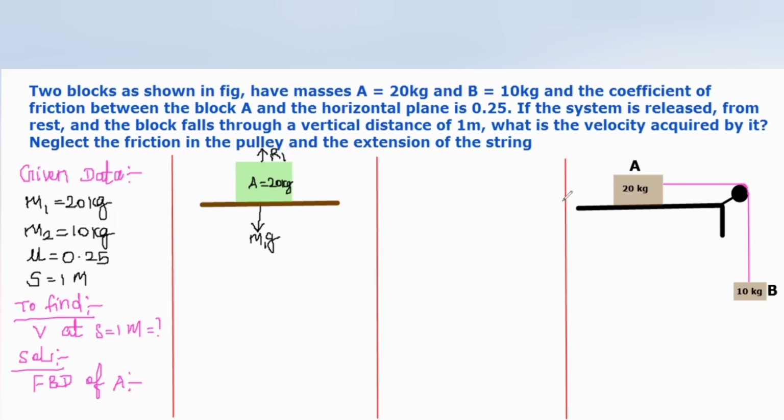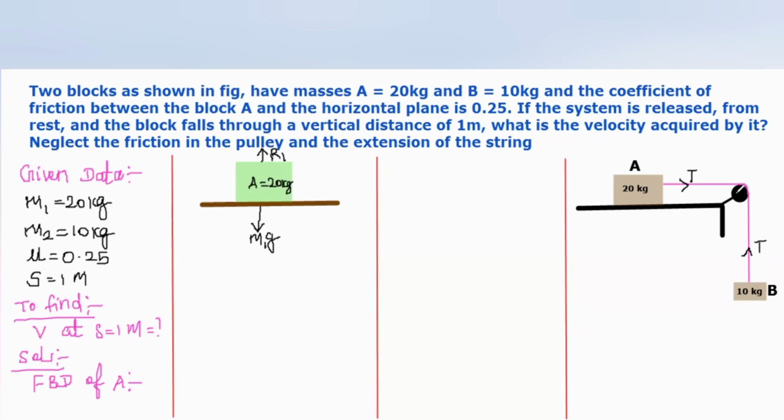Here the tension, an equal and opposite force acting on the string, will act for object A towards the right side, and for object B it will act upward.